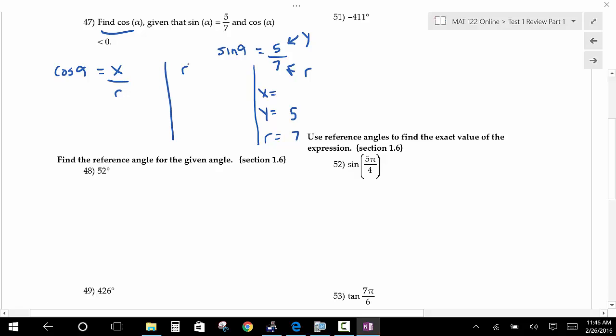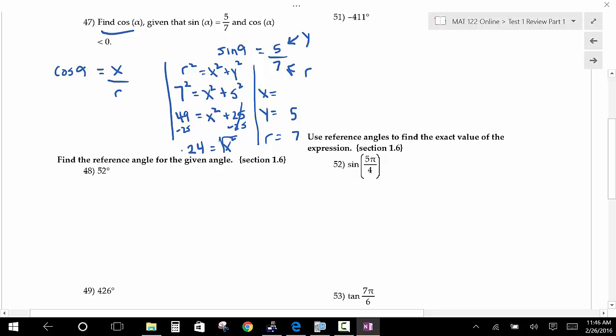We know that r squared equals x squared plus y squared. So we're going to have 7 squared equals x squared plus 5 squared. That's 49 equals x squared plus 25. So I can subtract 25 from both sides. That's going to give x squared equals 24.